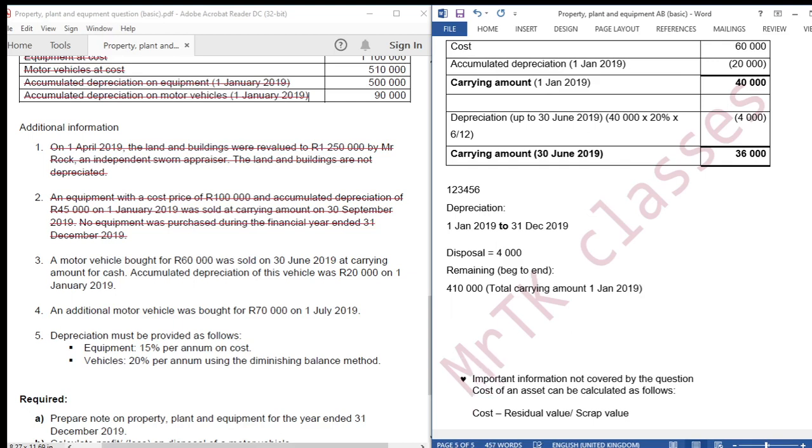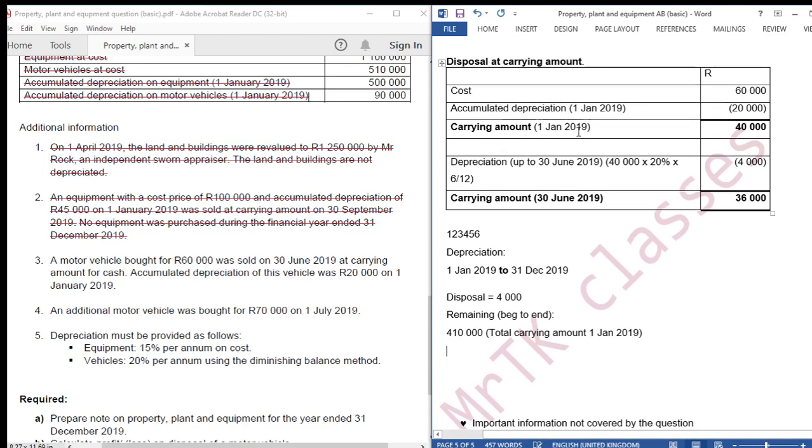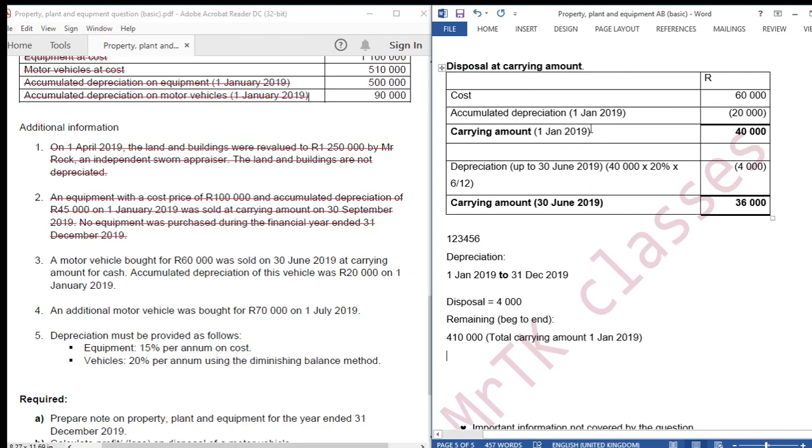So it consists of the carrying amount at the beginning of the vehicle sold. Remember, on 1 January 2019 the vehicle sold was also in our business because it was sold on 30 June 2019.